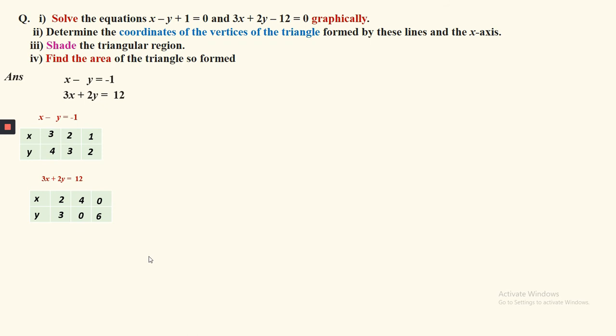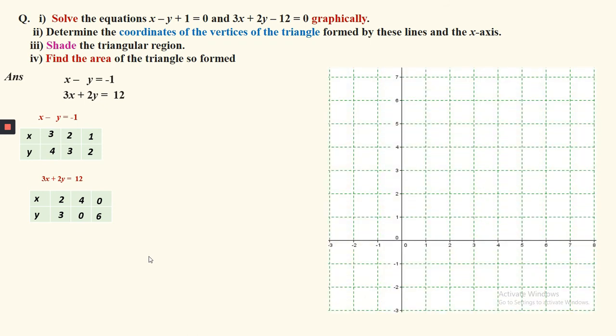Now let's take the graph paper. Let's plot the points of the first equation one by one. The first solution is 3, 4. So let us mark that 3, 4. Next is 2, 3. Next, 1, 2.